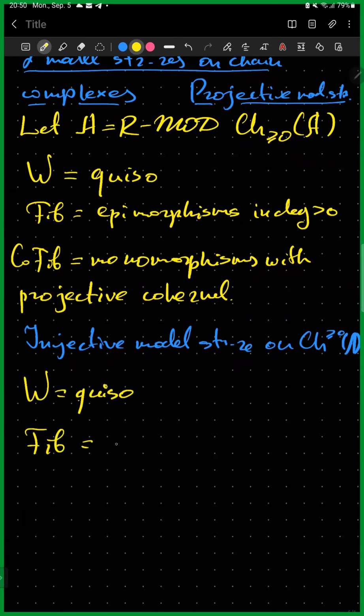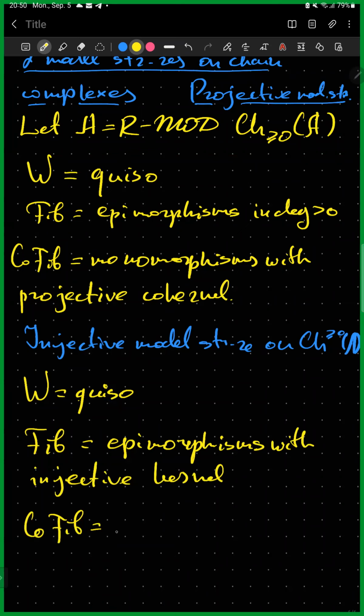Fibrations are epimorphisms with injective kernel. And cofibrations are just monomorphisms in positive degrees.